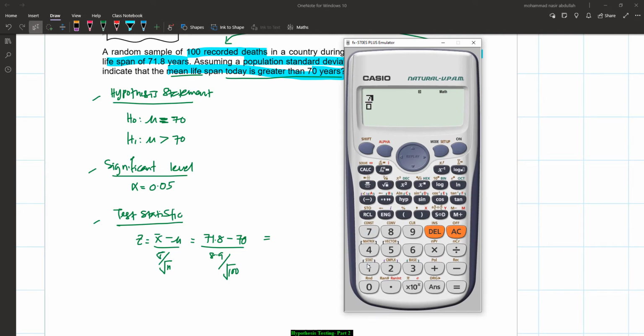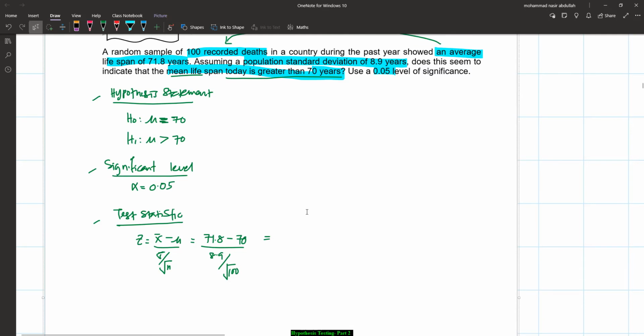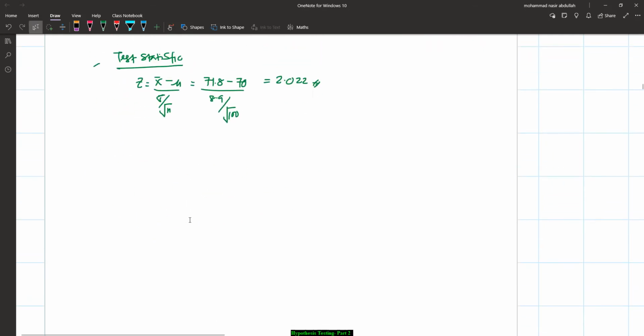So 71.8 minus 70 divided by 8.9 over square root of 100. So this one should be equal to 2.022, right?